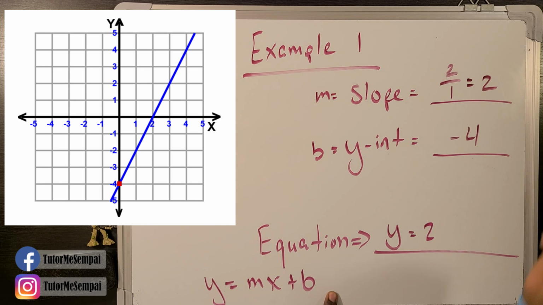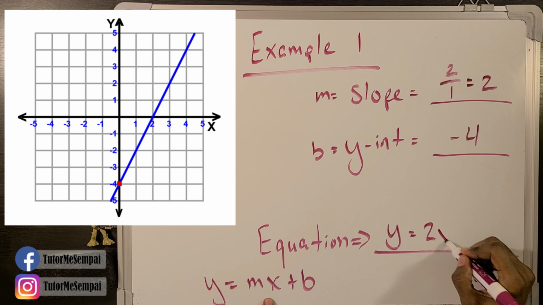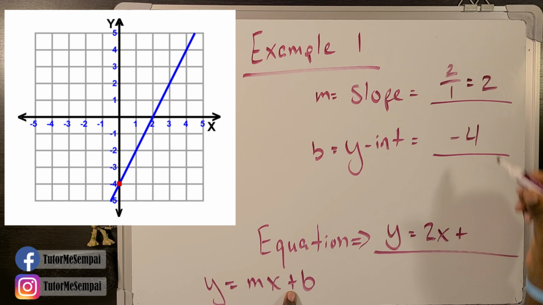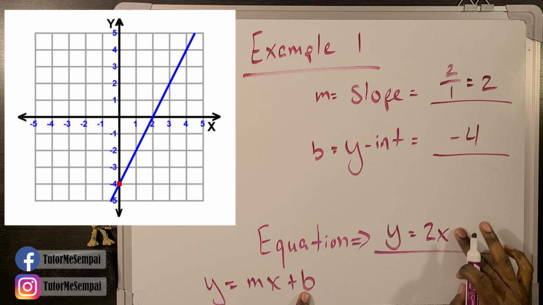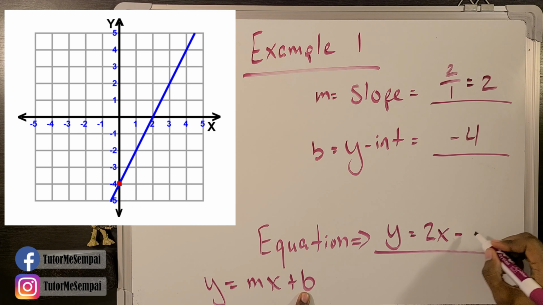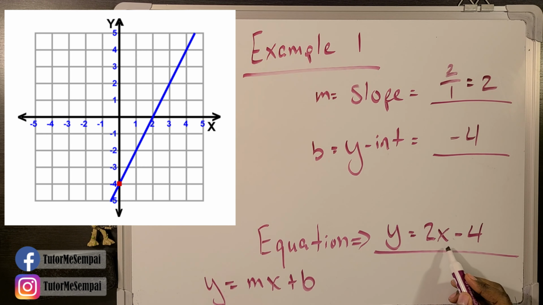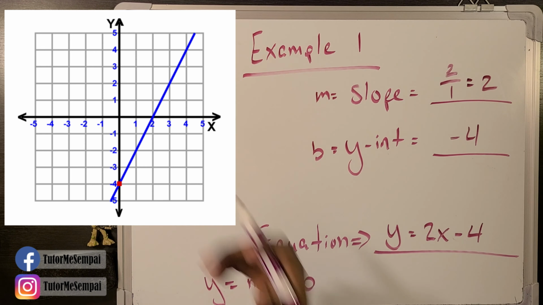So we write 2, and it's positive. Remember, we're going up. We're positive. 2x plus, well, we have what for the y-intercept? -4. So instead of having this plus negative, we can just write the negative 4. So our equation is going to be y equals 2x minus 4 for our graph.